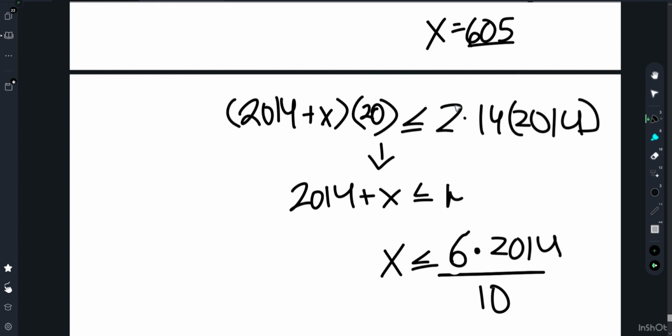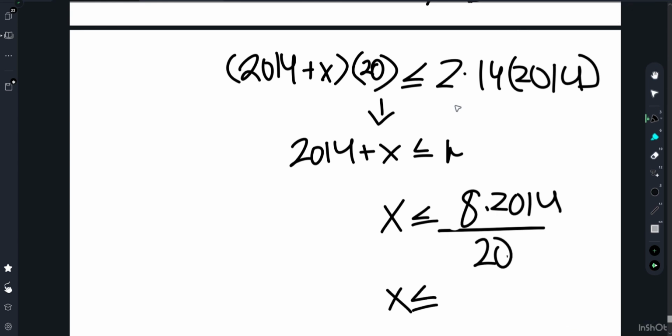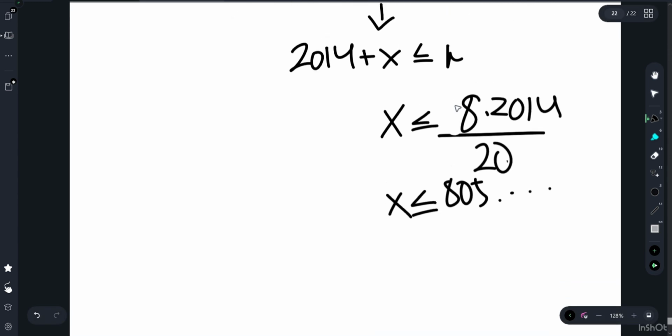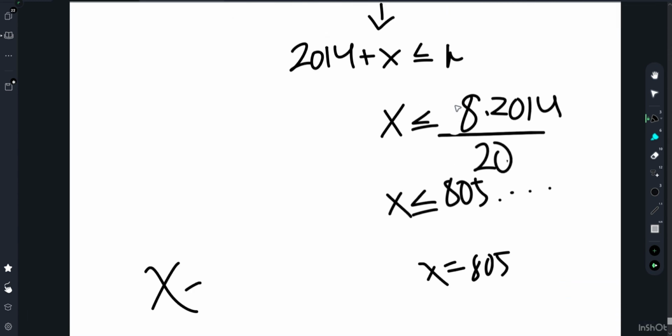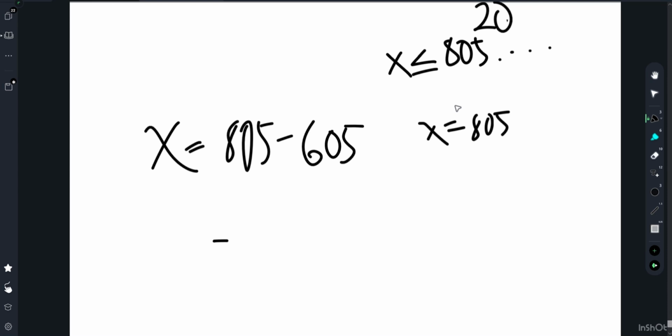Oh wait, no. Sorry, what am I doing? 8, and this is over 20. And so x is less than or equal to 805 point something. So then x is equal to 805. So G minus L is 805 minus 605, for a nice clean answer of 200.